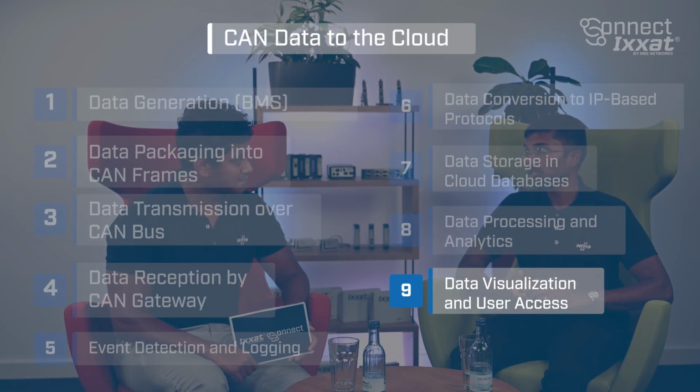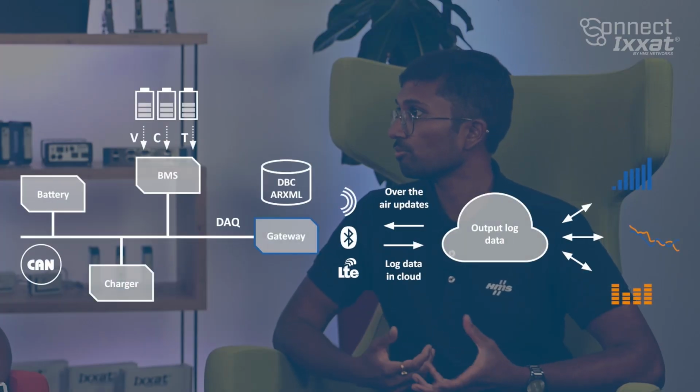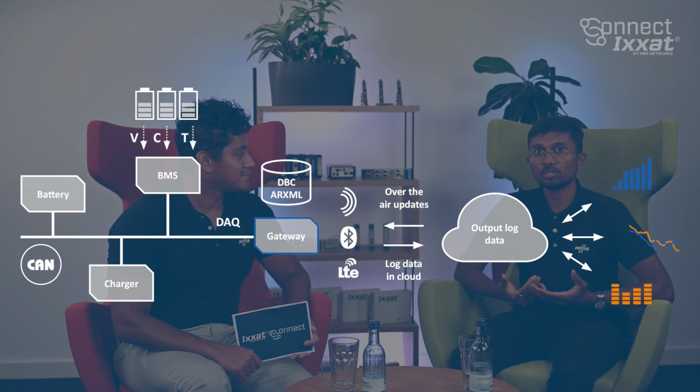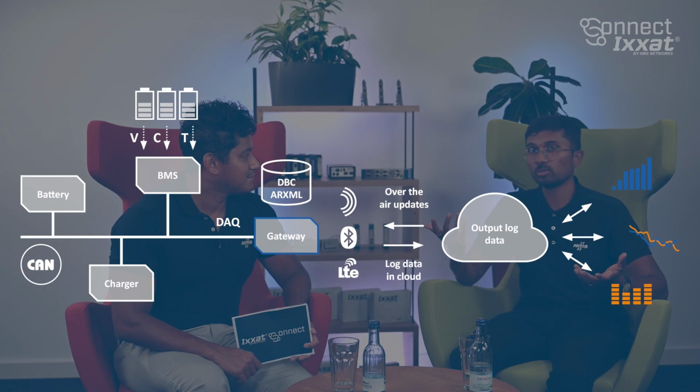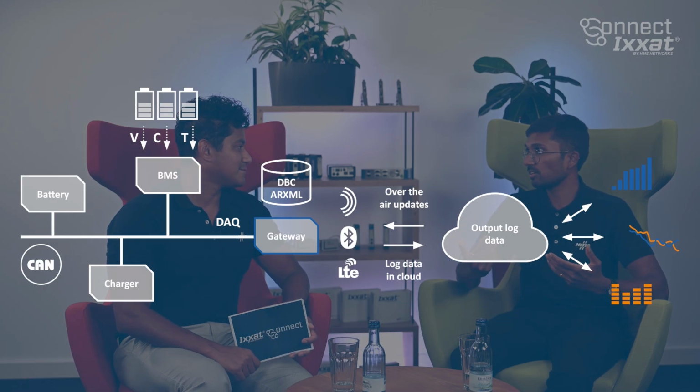These visualizations are accessible through web-based technologies and applications on your mobile phones and computers, ensuring that users can monitor the systems from anywhere. Here as well, secure access protocols and user authentication make sure that the data is available only to the right group of people. This series of steps ensures a smooth and secure flow of data from the CAN network to the cloud, where it can be stored, processed, analyzed, and visualized effectively.